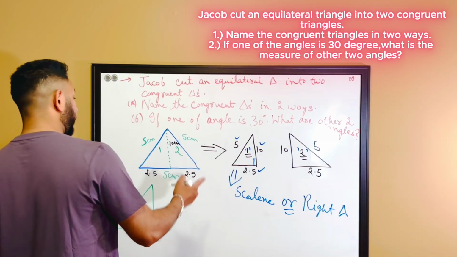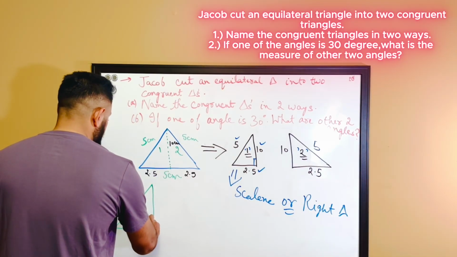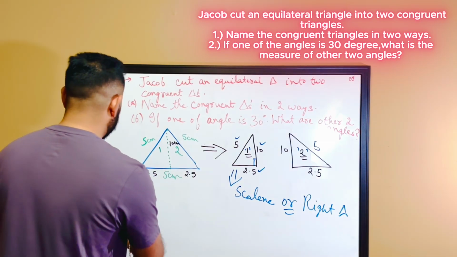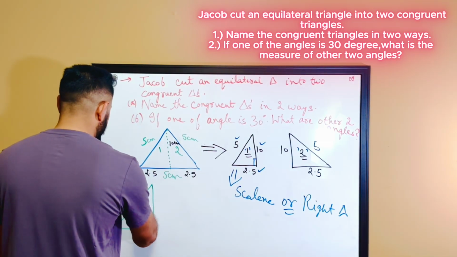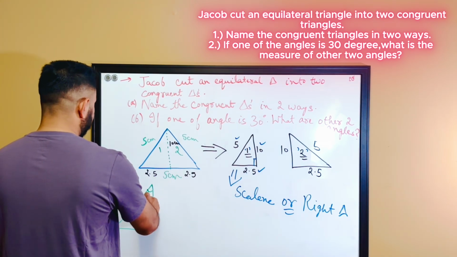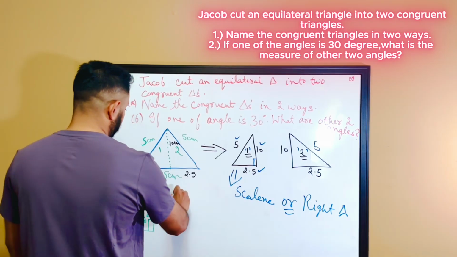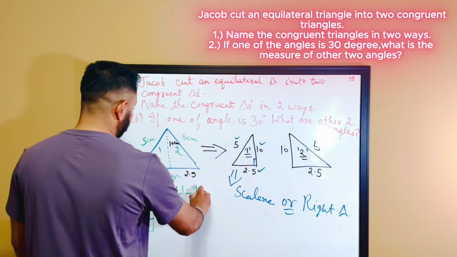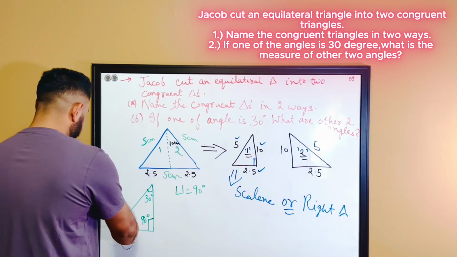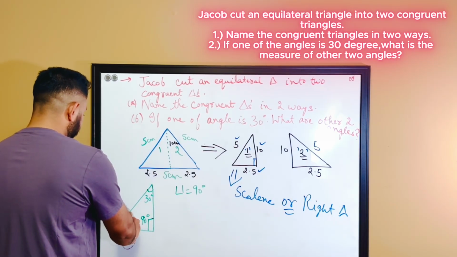So if this is a right triangle, this perpendicular makes a 90 degree with the base. So this is 90 and also we are given this is 30. So our first angle is 90 degrees, and we need to find out this second angle.